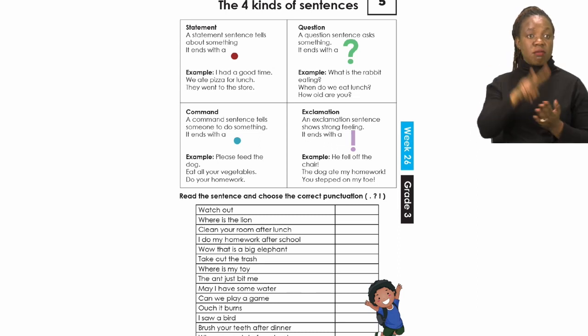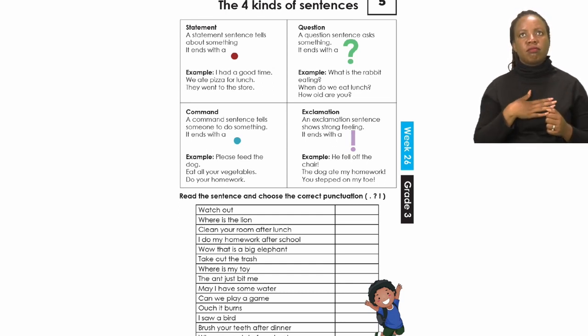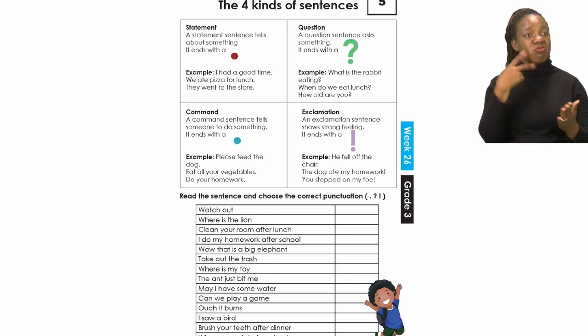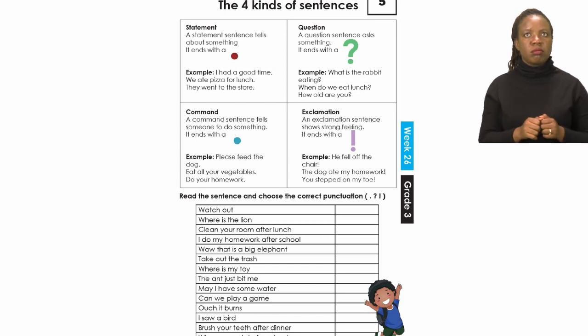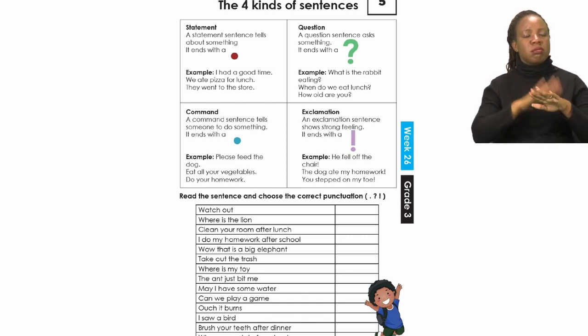Can you hear the difference in my voice? That means that we are showing a strong feeling. He fell off the chair! The dog ate my homework! You stepped on my toe! So all of these examples are showing a strong feeling.